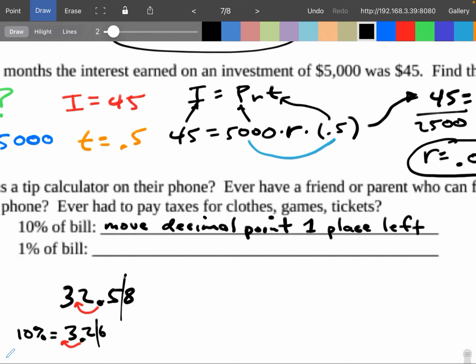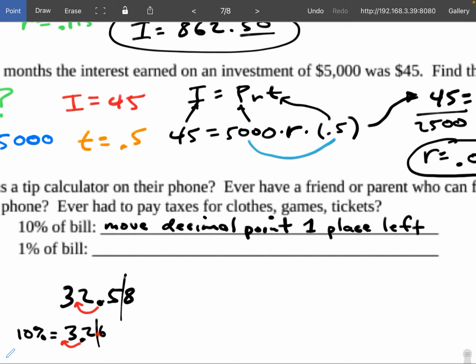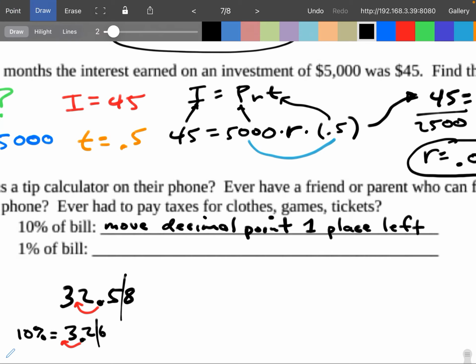So you'd move it again, and then you'd want to round it off right here. Since this digit is a 6, that's 5 or larger, so that 2 would round up to a 3. So 1% would be 33 cents.